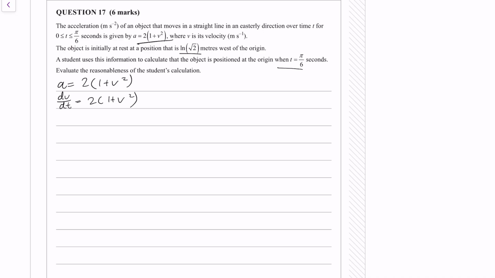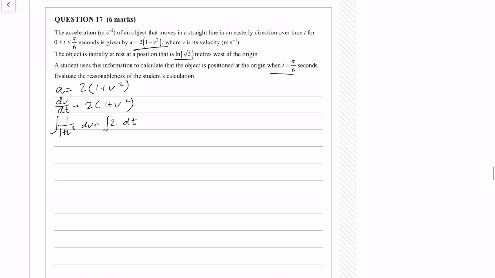So I can divide 1 plus v squared on both sides, so I can bring my v's together, and integrate both sides as well. So the integral of 1 over 1 plus v squared dv is equal to the integral of 2 in terms of t.